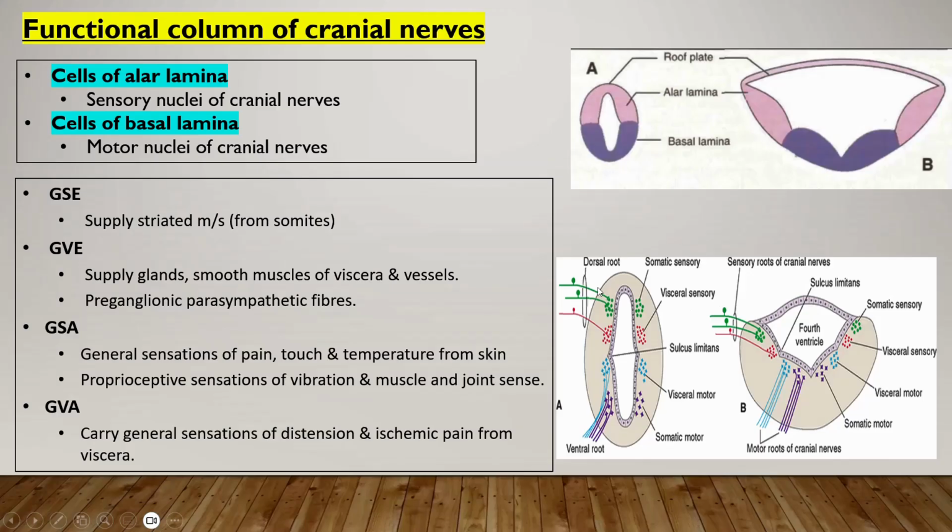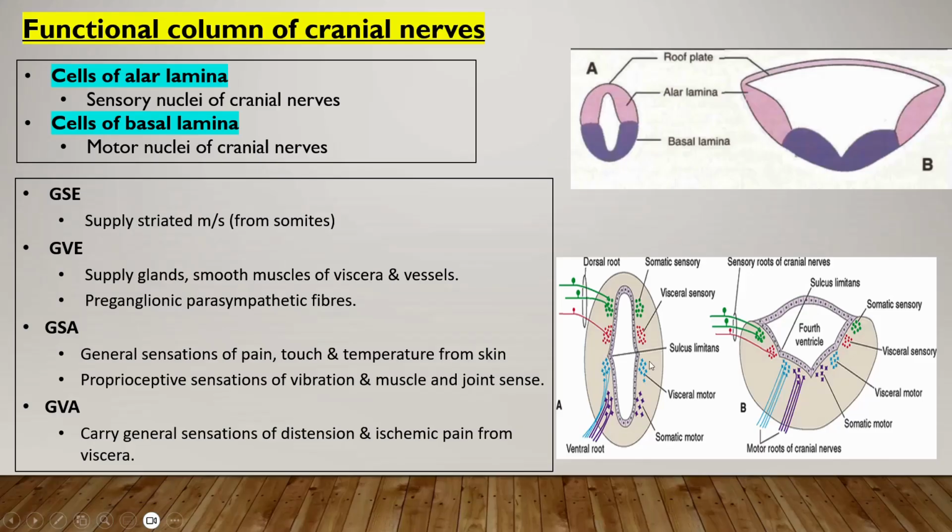Now here the nuclei of the cranial nerves, again I am repeating, in the alar lamina the nuclei will be sensory nuclei, so we can call them the afferent, and here they will be the motor nuclei, so we call them efferent.